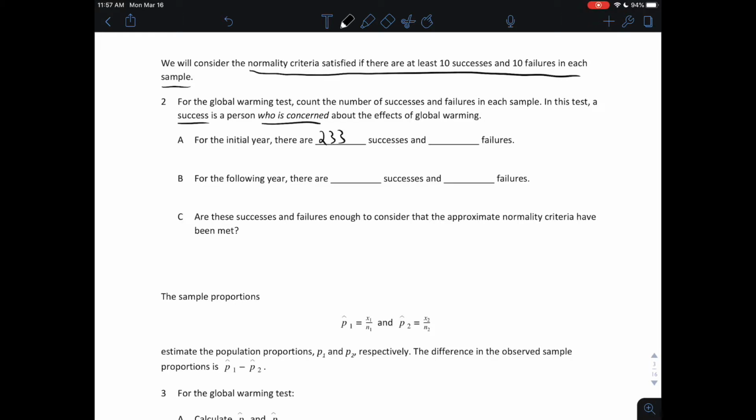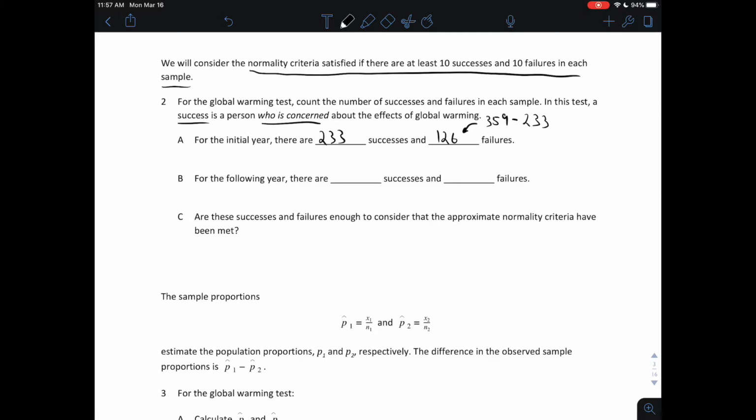And then how we will get the number of failures is taking the total and subtracting the number of successes. So if we take the total for that initial year, 359, and then subtract the number of successes, 233, that's going to give us 126 failures.